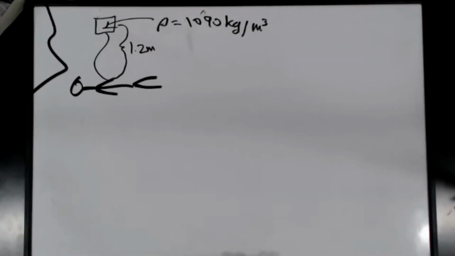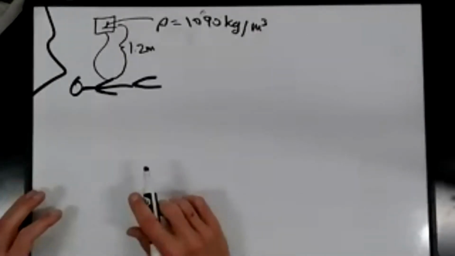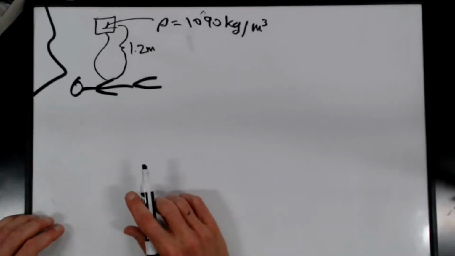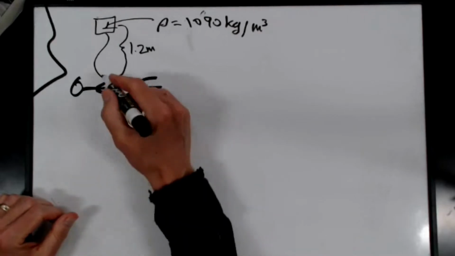All right. So that's the situation. It says a hospital patient is fed intravenously with a liquid that's 1,090 kilograms per cubic meter. The bag is 1.2 meters above the patient's arm. What's the gauge pressure in Pascals exerted on his veins as the liquid enters?